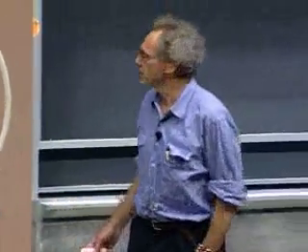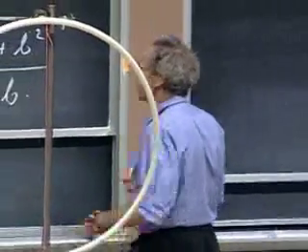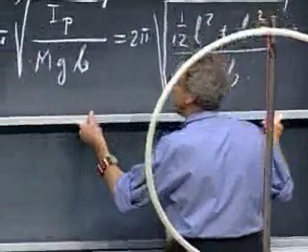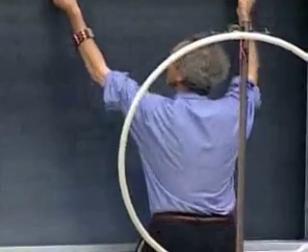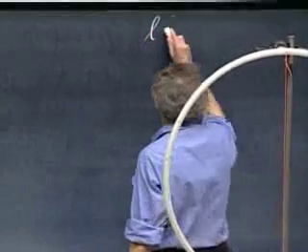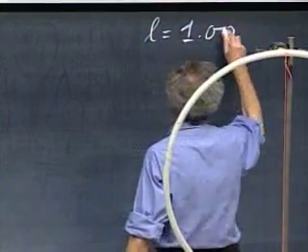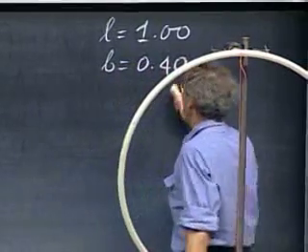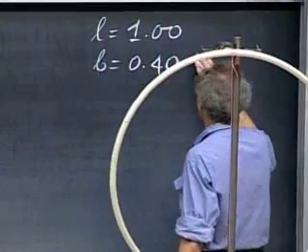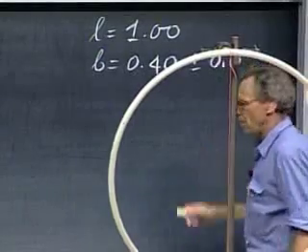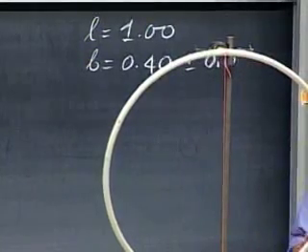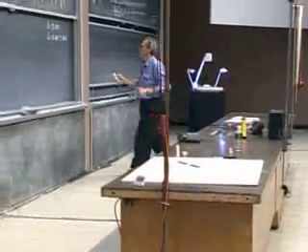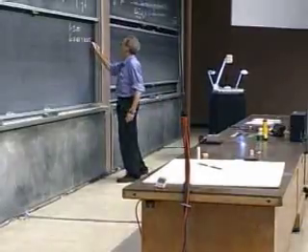In our case, b equals 40 centimeters, and it is an exact meter stick. So L equals 1.00, and b equals, it's about 40 centimeters, but we could be off by something like maybe 2 millimeters. It's not so easy to get that hole in precisely.